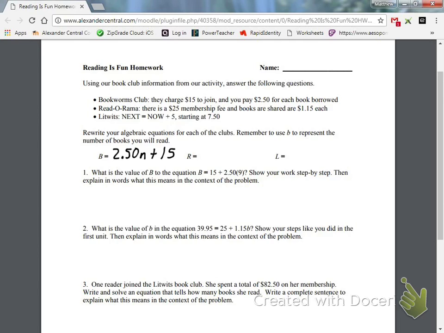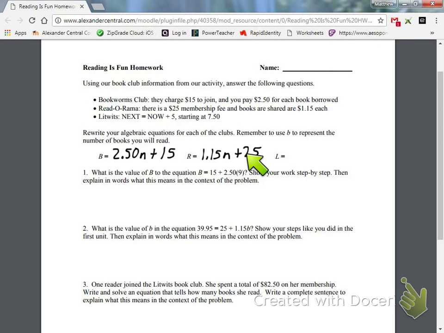All right. So what about Readerama? Don't everybody talk at once. Good. Plus 25. Now, just curious here. It tells us to use B to represent what?